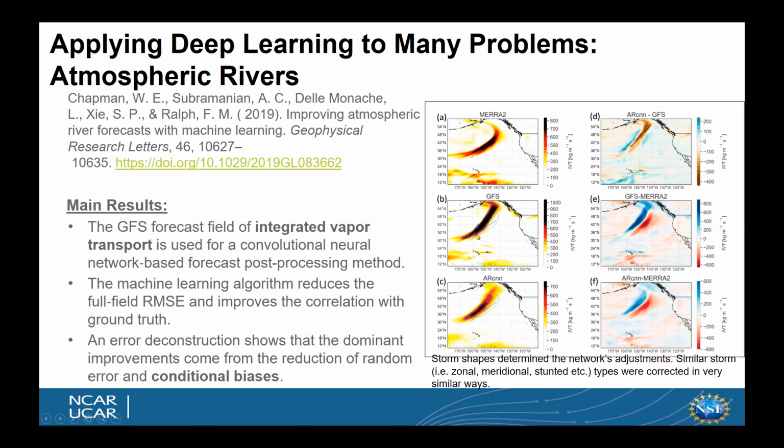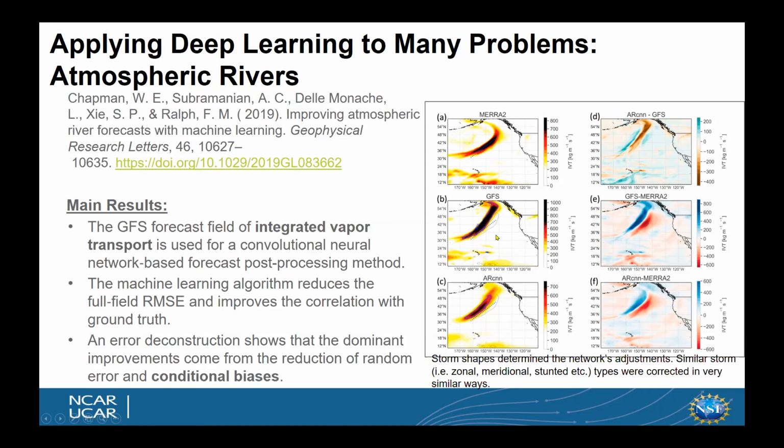The predictor is the NOAA real-time Global Forecast System output. Their atmospheric rivers convolutional neural net can then modify the GFS output to be more realistic and in closer agreement with the MERRA reanalysis that is the observed baseline.